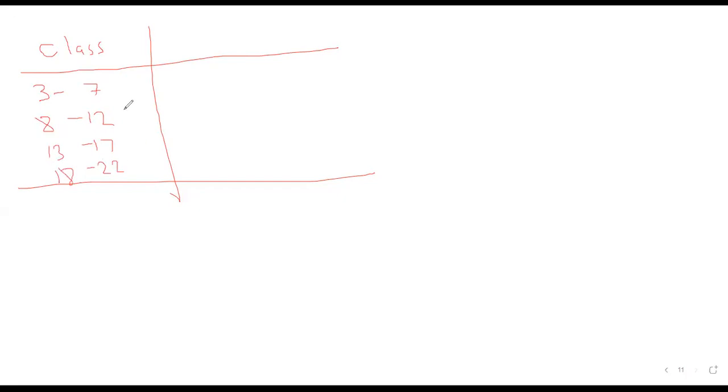Maybe I can add 1 additional line. So we could have 27, 3.